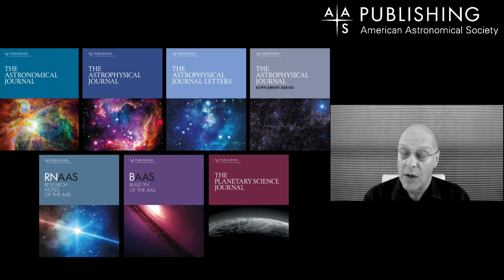Research Notes is moderated, but not refereed, and most articles in the BAAS are not refereed, although there are options if you would like to get a refereed article. So mainly I'm talking about the 4 on the top, and then the Planetary Science Journal.